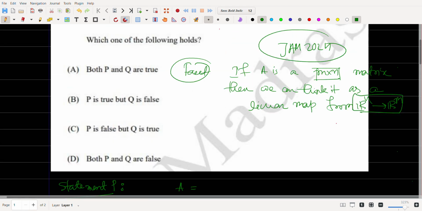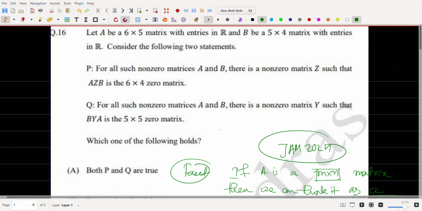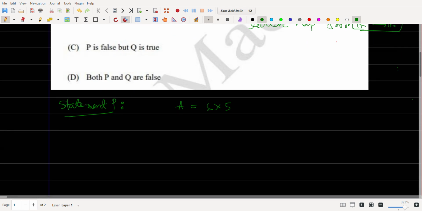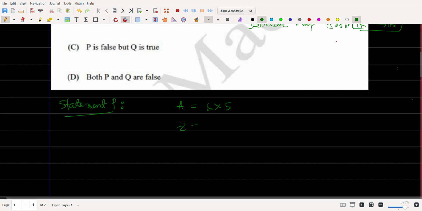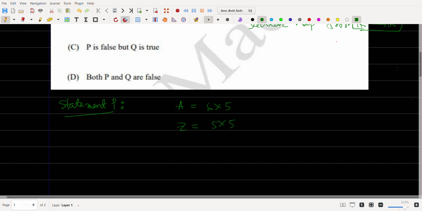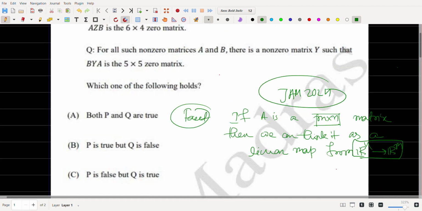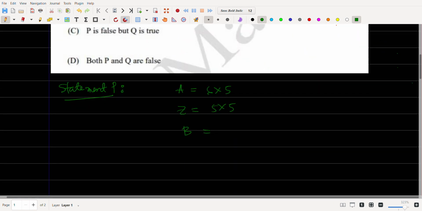A is a 6 cross 5, so Z must be 5 cross 5, and B is 5 cross 4.